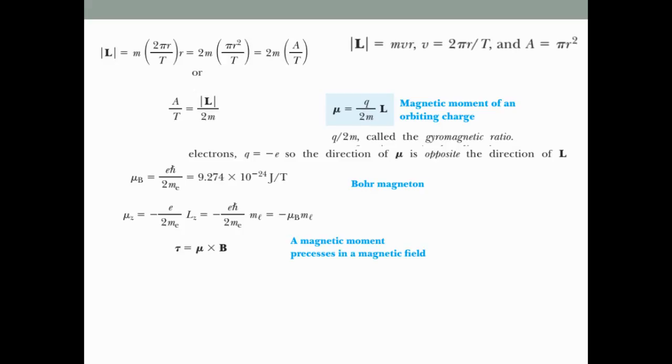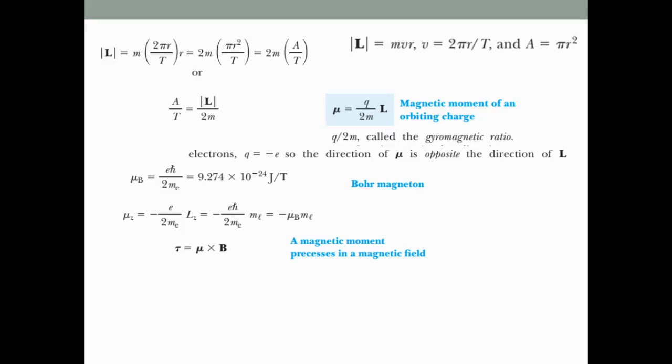We can write mu Z equal to minus e by 2me Lz, that is equal to minus e h cut by 2me times ml, which is equal to minus mu B ml. The interaction of an atom with the applied magnetic field depends on the size and orientation of the atom's magnetic moment.